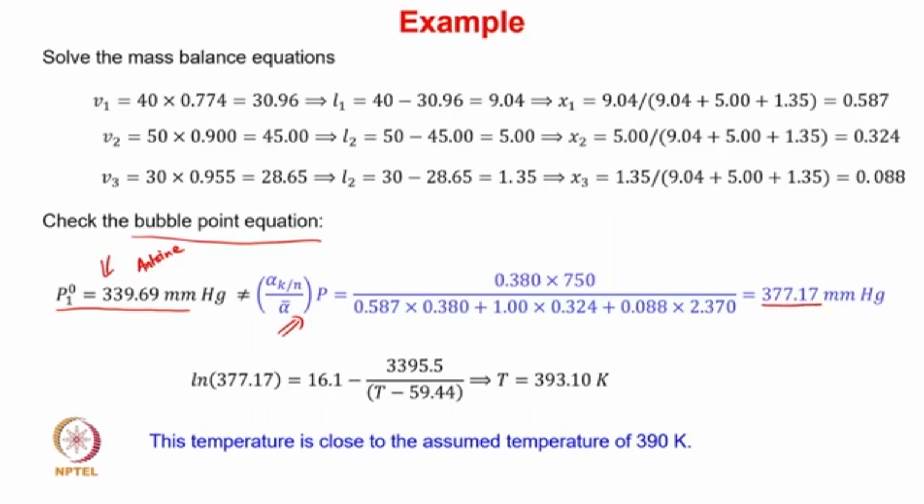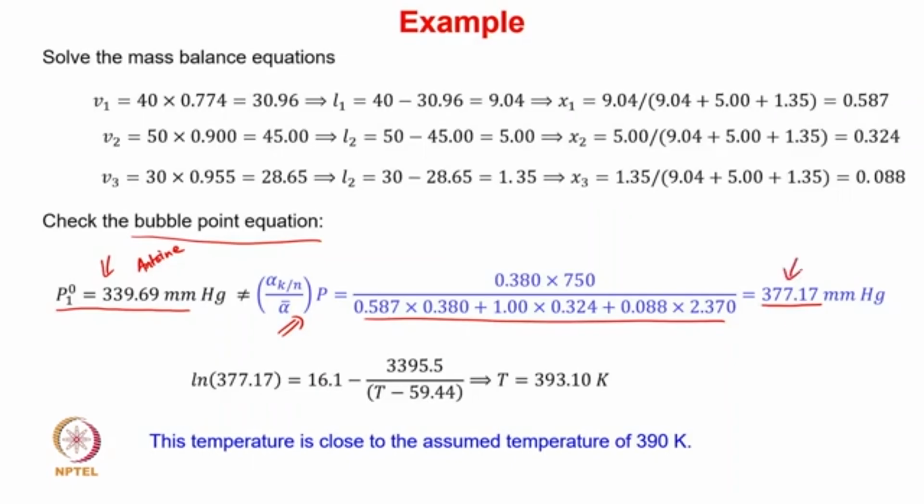Remember, this is alpha Kn divided by the average value of relative volatility, where the average is calculated with respect to the mole fraction in the liquid. So Xi into alpha is the denominator here. So we get 377.17, which is nothing but the vapor pressure.